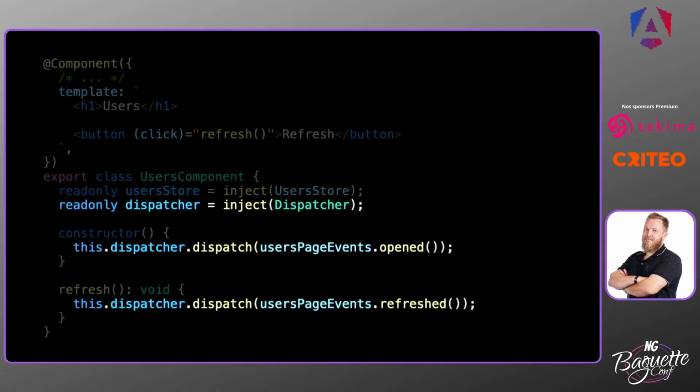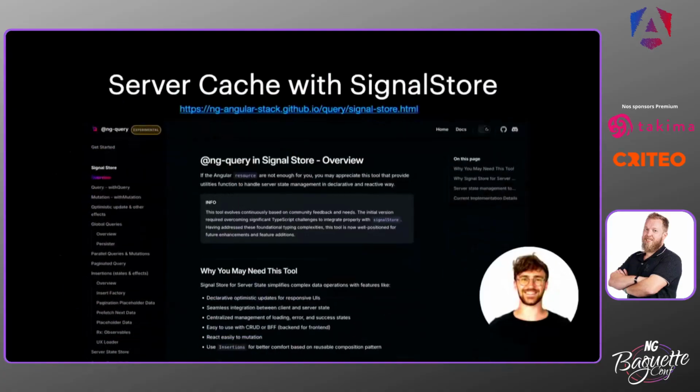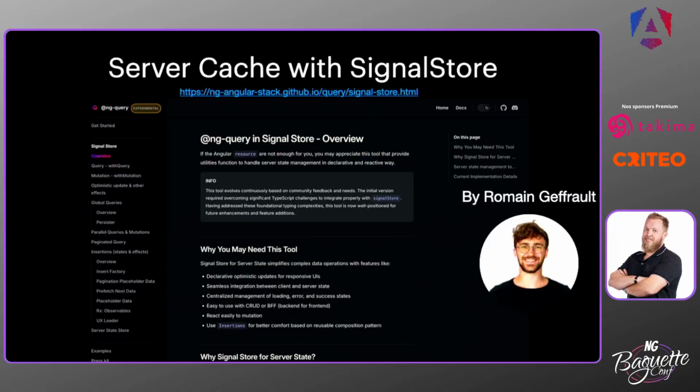So there's many more examples. Again, I just want to share one that I've found. Romain, who's also going to be doing a talk today, some time ago worked on this server cache with SignalStore, this NgQuery, and built his own extensions into this. He has some ideas on how he wanted to implement server state and server cache, which is great because what SignalStore provides you is unlimited extensibility.